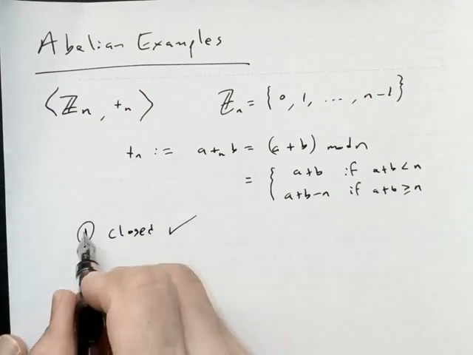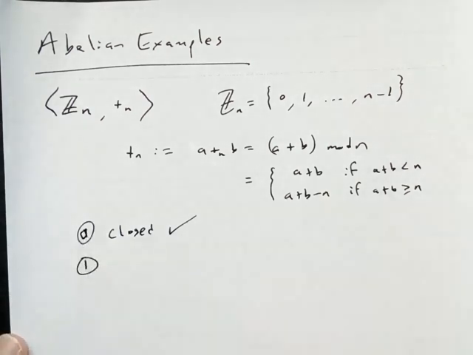All right, we called that property 0. I keep calling that property 1. Property 1 was, what was property 1? That was associative. So how do I do a proof that this is associative?